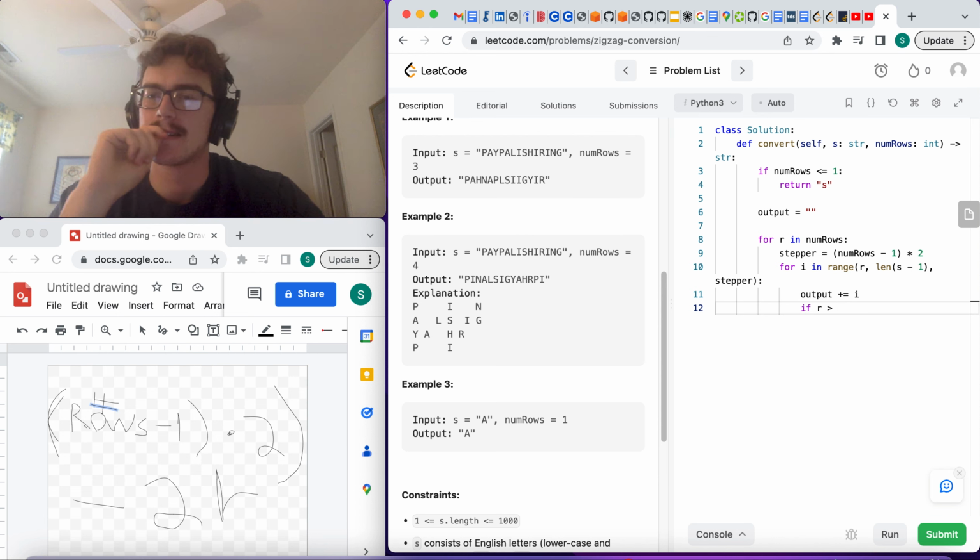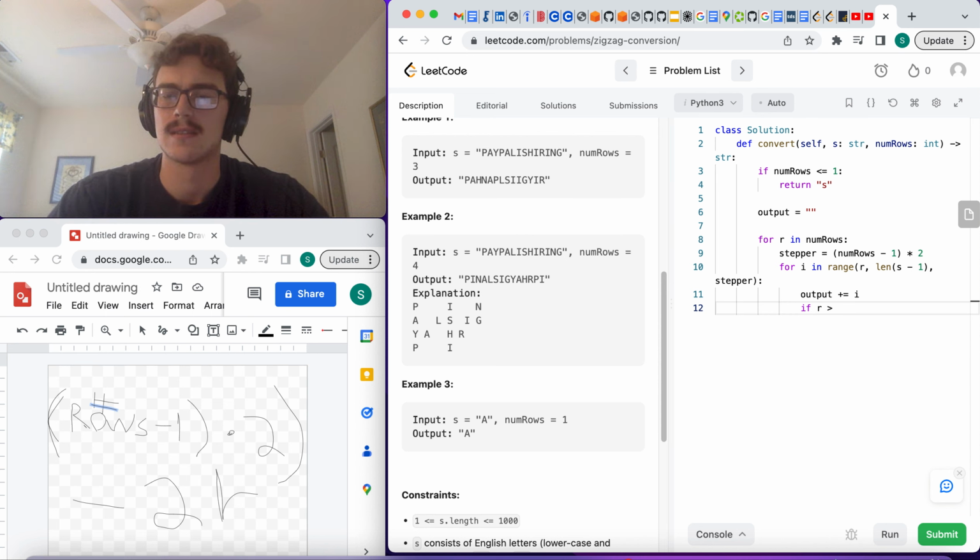I feel like we're looking at an index value here, right? How do we look if it's bigger? Okay, well, we'll just put it there for now.